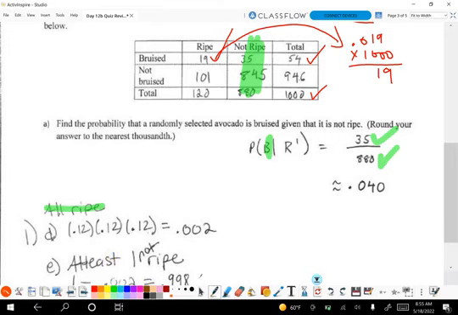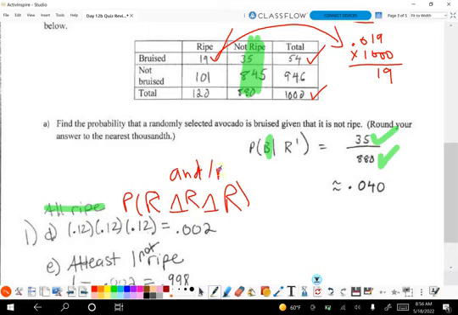It's the multiplication rule because this is the same thing as saying the probability of ripe intersection with ripe intersection with ripe. Remember, when we use intersection or and, that's our multiplication rule. So I'm going to multiply the 3 probabilities to get 0.002.